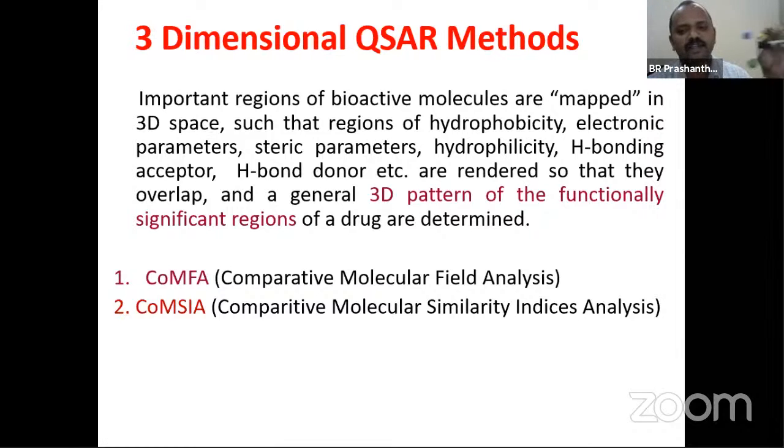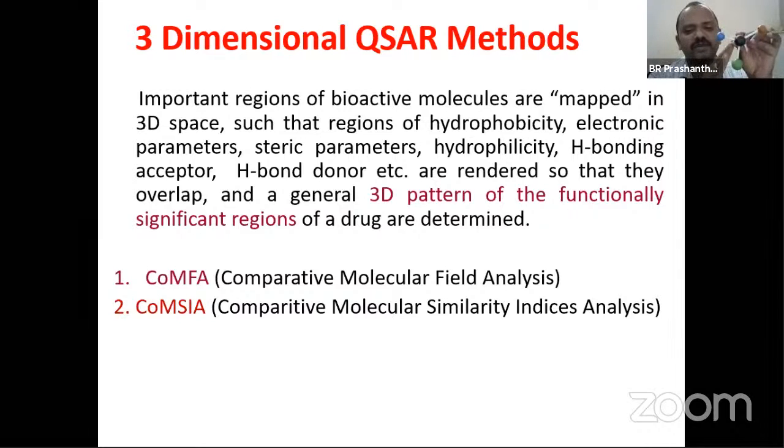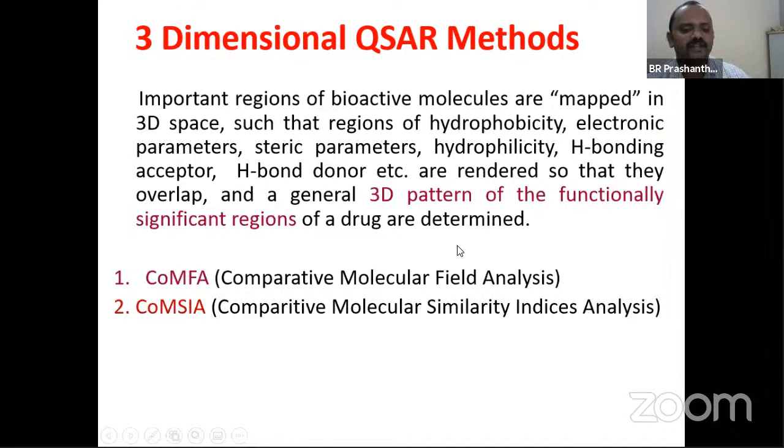For example, we can add hydrophobicity with one color, electrostatic parameters, steric parameters, hydrogen bond donors, hydrogen bond acceptors. We can apply a few different fields and render them to overlap, and then we can determine and develop the 3D pattern of the functionally significant regions of the drug.